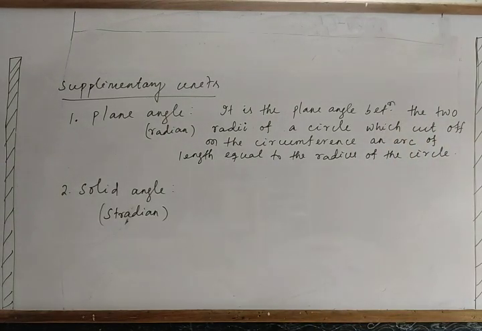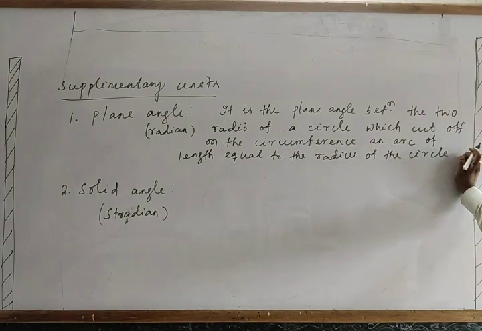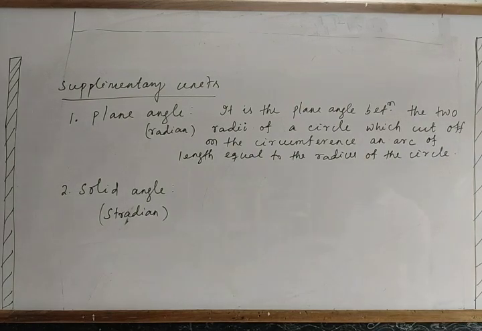Here it is the plane angle between the two radii of a circle which cut off on the circumference of that circle an arc of length equal to the radius of the circle.